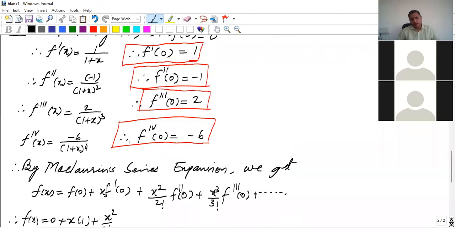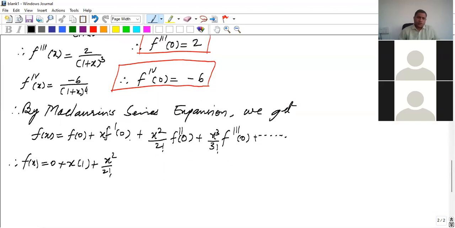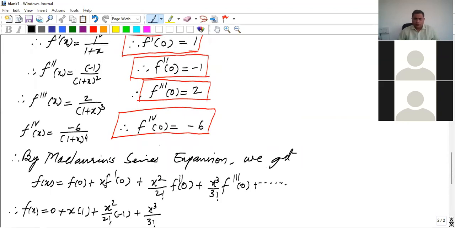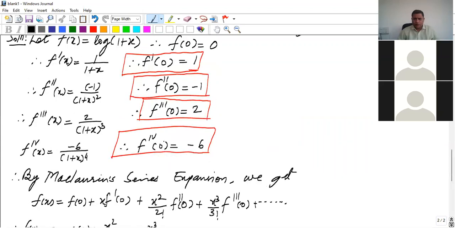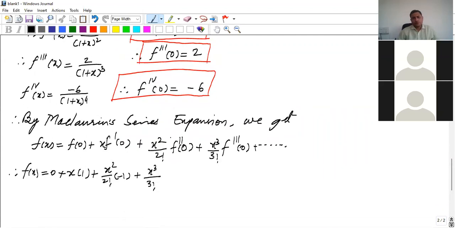This is the value of f double dash at 0, so it is going to be minus 1. Plus x cube by 3 factorial. At x cube, what do you have? You are having 2. Plus x raised to 4 by 4 factorial, and this is going to be minus 6.